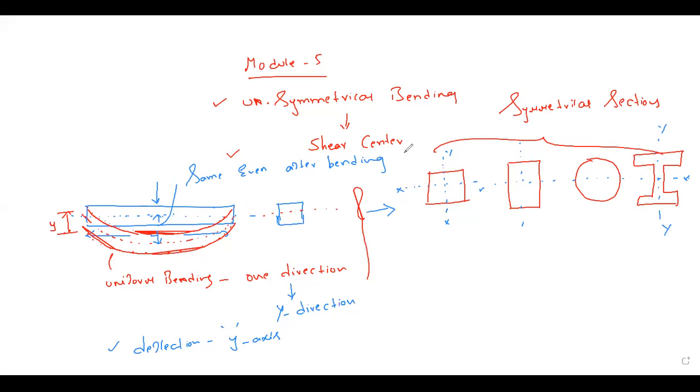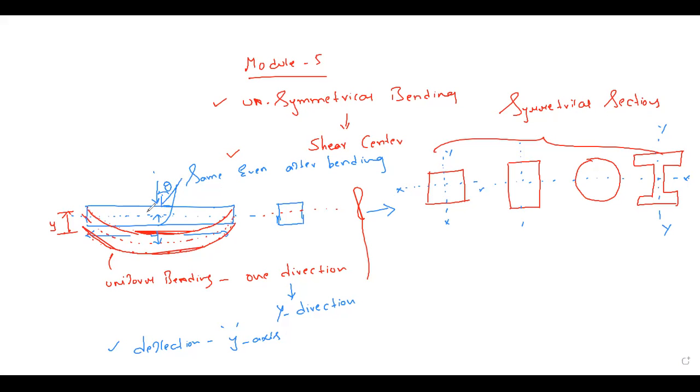Understand? Now we talk about unsymmetrical bending. What do you mean by unsymmetrical bending? Unsymmetrical bending is when a beam is subjected to a load not exactly perpendicular to the plane. If the load has some inclination with respect to its angle, the beam will definitely bend in both the axes, x and y.